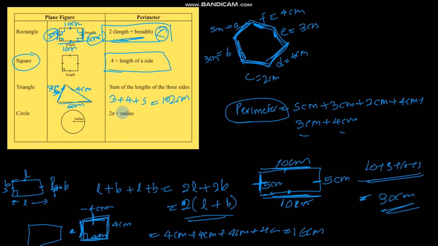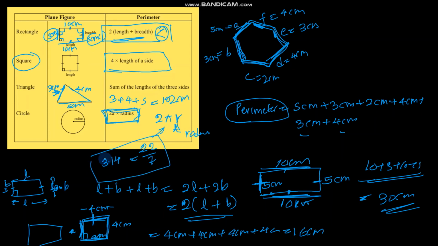So the only formula that I would recommend you to remember is the perimeter formula of a circle. That is a simple formula: 2πr, r being the radius of the circle. π, we know for a fact, is equivalent to 22 divided by 7 or 3.14, right?